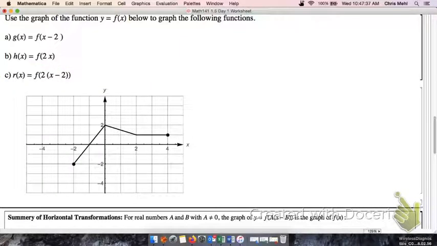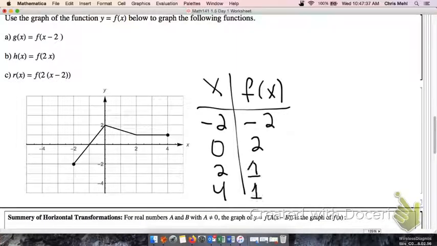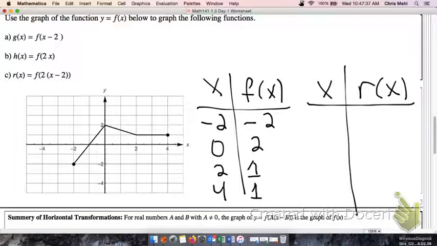So now, again, I have my two tables, x and f of x, and I had -2, 0, 2, and 4 with outputs negative 2, 2, 1, and 1. And then now when I make my table for r, first you divide all the x coordinates by 2, and then you add 2.